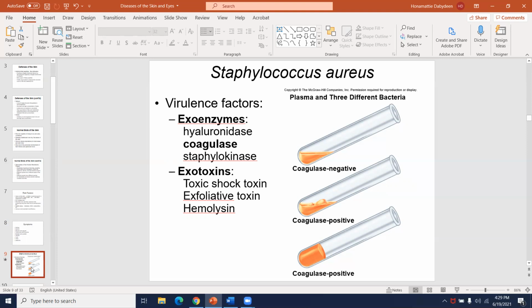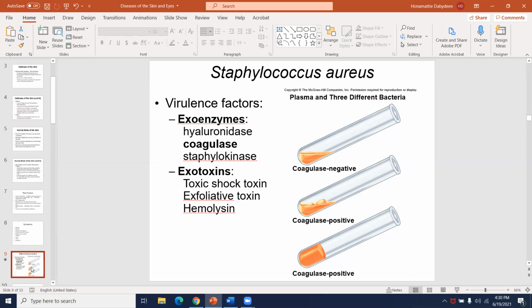And that is because these two organisms seem to come with an arsenal of weapons. Okay? They have so many weapons that they seem to be able to invade just about anything, any tissue, anywhere, and cause damage.